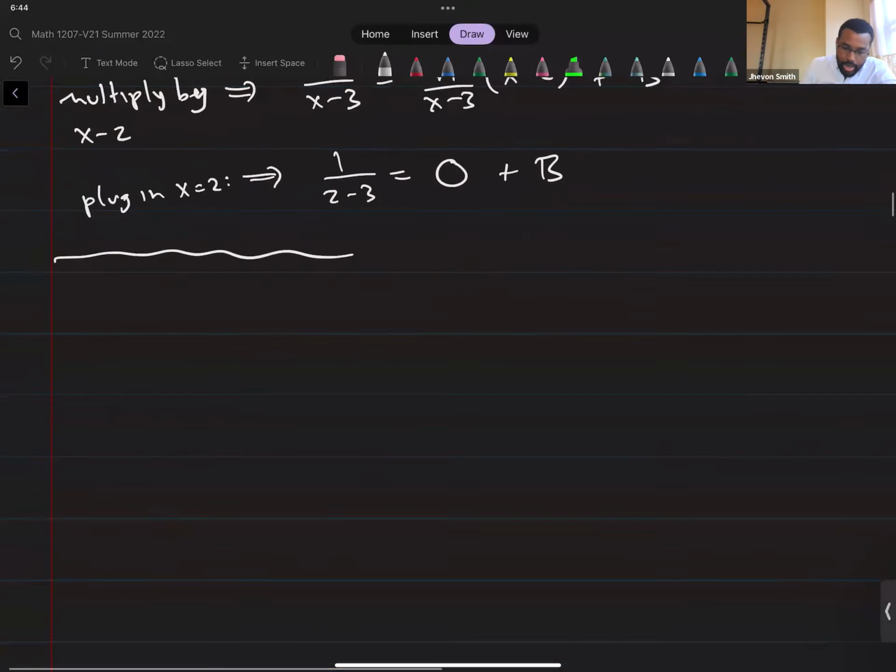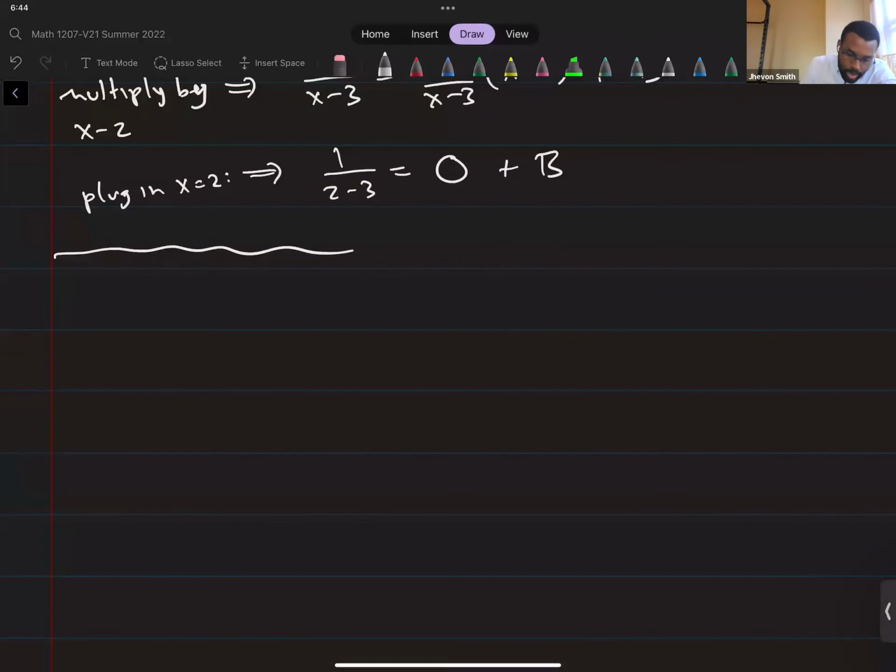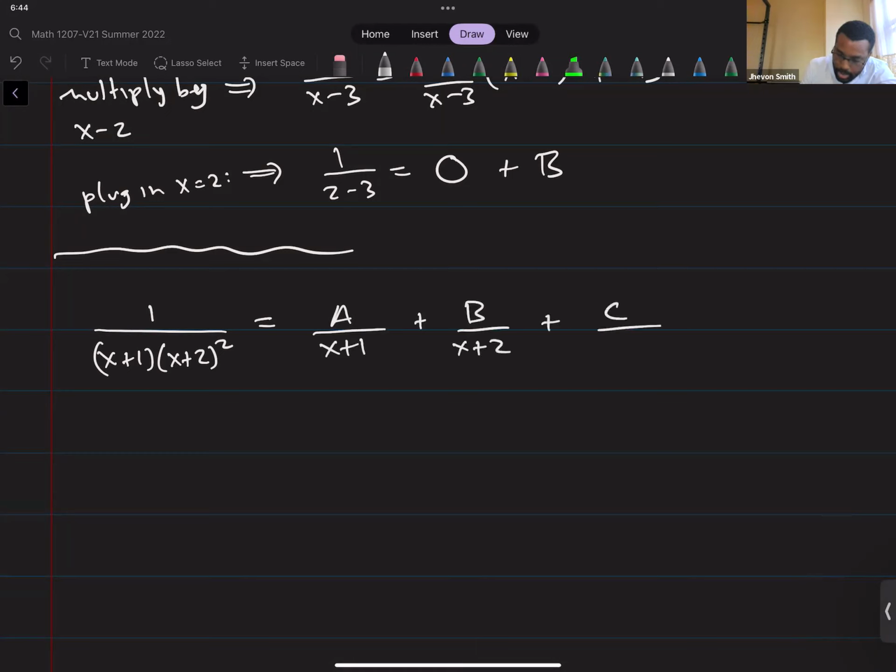In the event that you have a repeated linear factor, so let's say I had 1 over x plus 1 times x plus 2 squared, we know that this would break down into that.